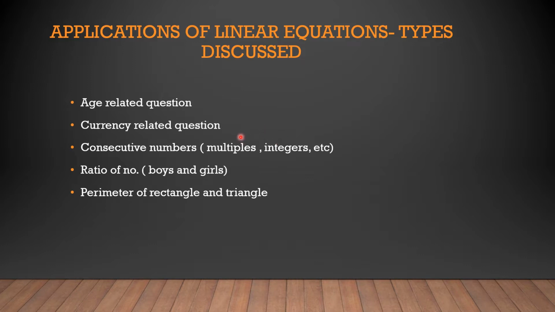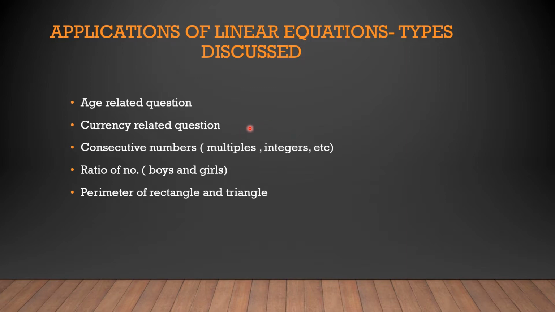In multiples of 8, we saw that every next number can be obtained by adding 8 to the previous number. In multiples of 11, every next number can be obtained by adding 11 to the previous number. Similarly, for integers, the next integer is obtained by adding 1 to the previous integer.